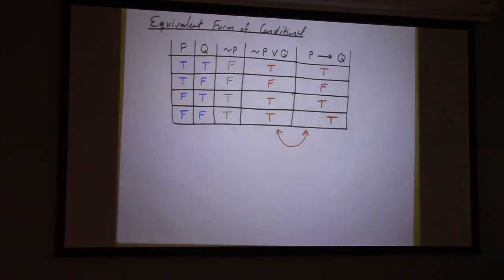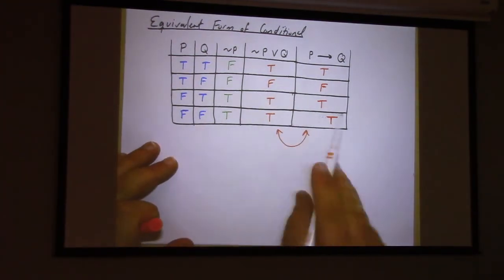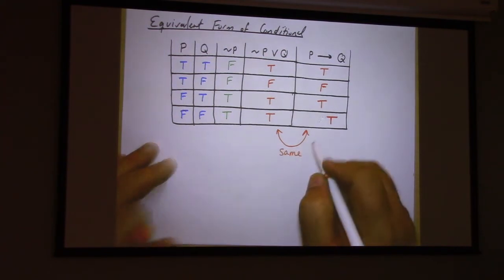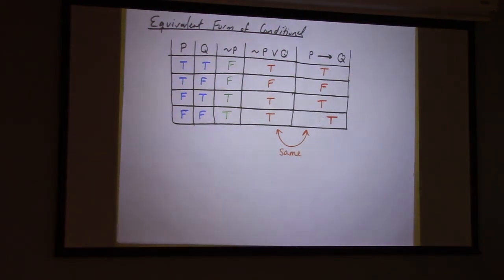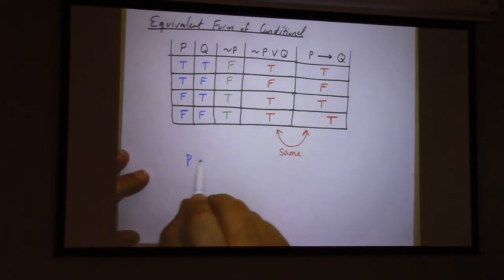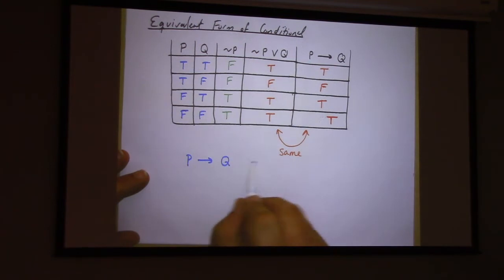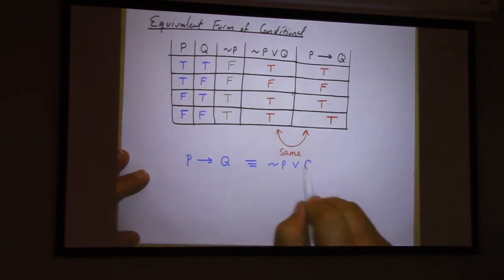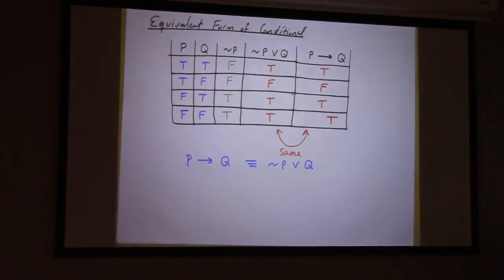So if we look at these two columns, what do we have? The same truth values, right? So these match. What this shows us is that P implies Q is equivalent to not P or Q. So this is the so-called equivalent disjunctive form.